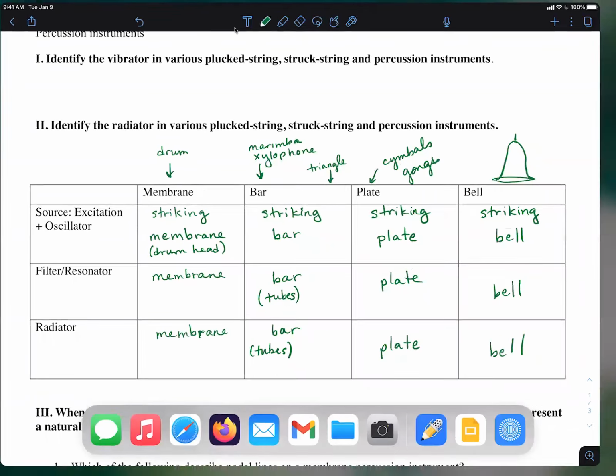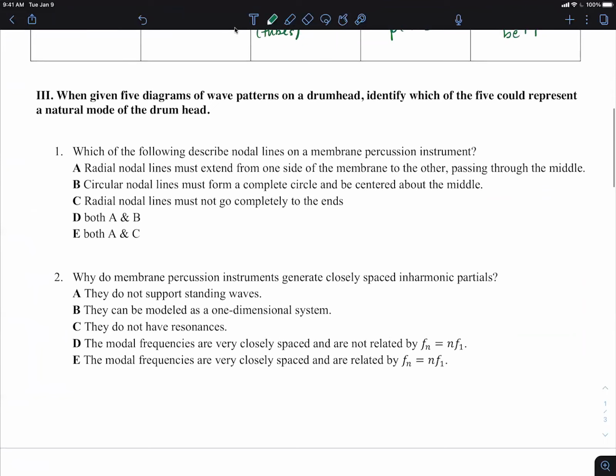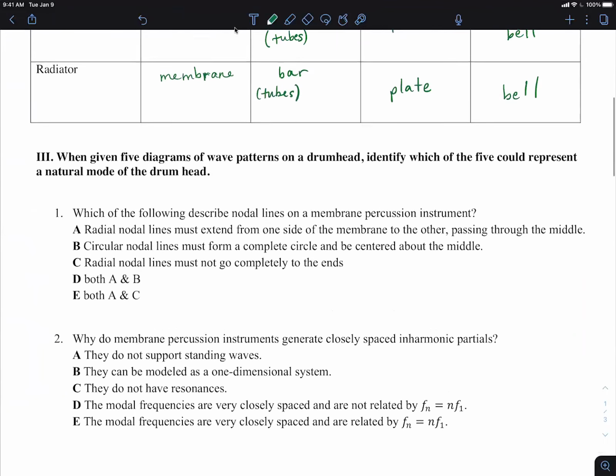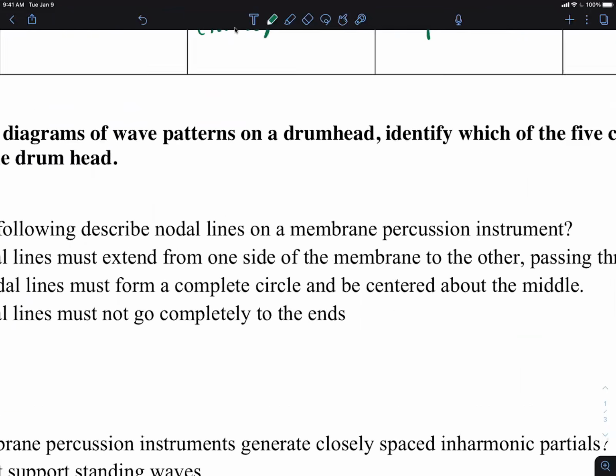When given 5 diagrams of wave patterns on a drum head, identify which could represent the natural modes of the drums. So I'm going to draw some circles here.